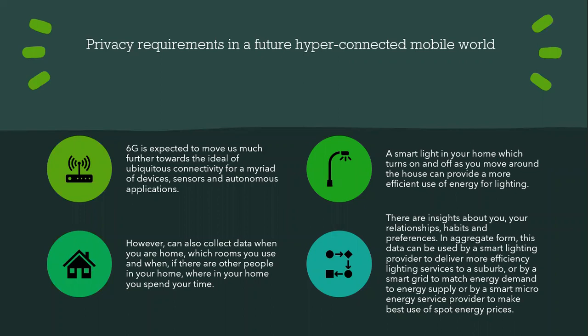6G is expected to move us much further towards the ideal of ubiquitous connectivity for a myriad of devices and certain autonomous applications. Because up till 4G, everything was related to providing for the needs of humans, and in 5G, most of the technology advancements were related to connecting humans and Internet of Things devices in a network.